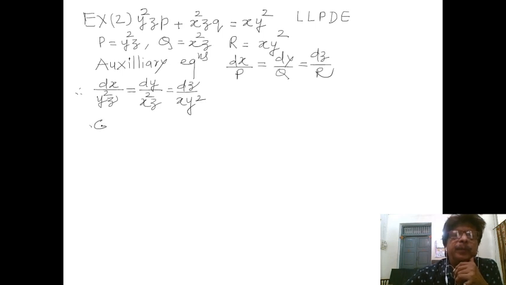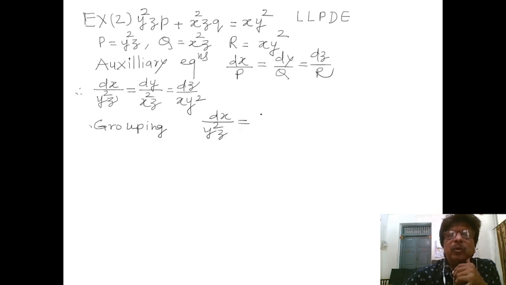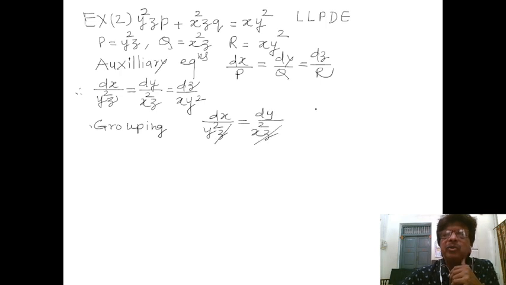Grouping dx upon y square z equal to dy upon x square z. Cancelling this z, it reduces to dx upon y square equal to dy upon x square.